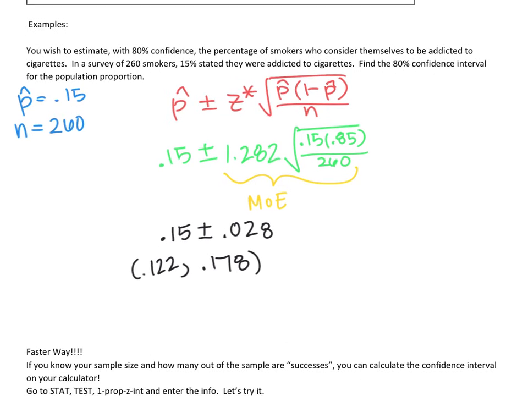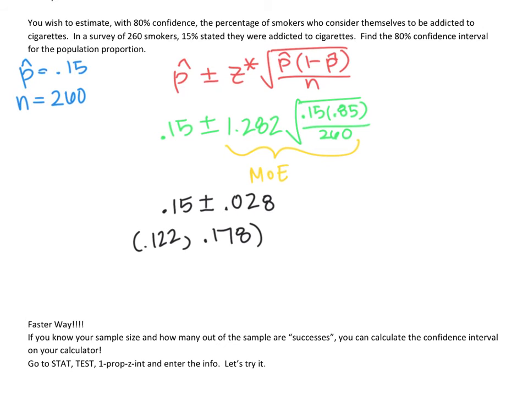The other thing we need to discuss is how we interpret a confidence interval, like how we would write a sentence summarizing what we find. So the way we start it is we say with, and then whatever percent confidence we did.